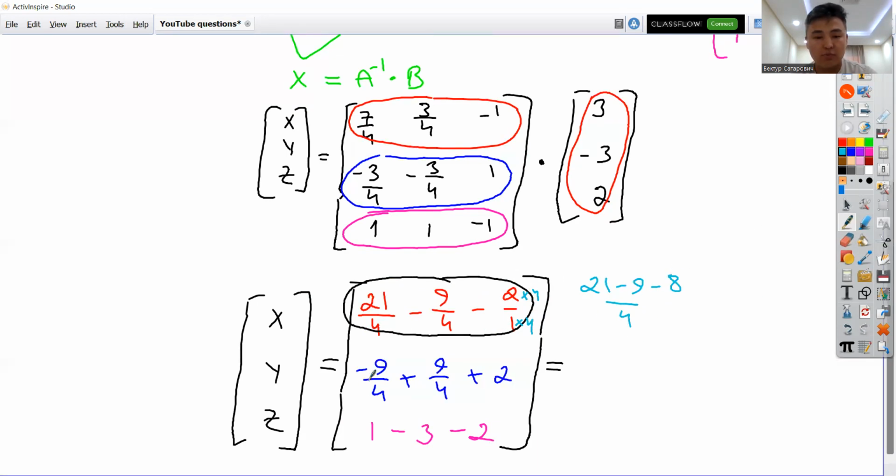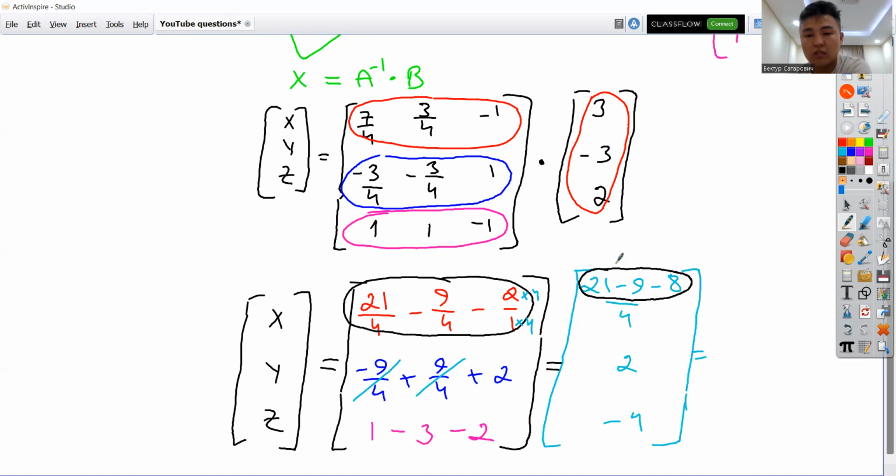Then here I have a positive and a negative of the same thing, so I can cancel them, and only 2 is left. And here 1 minus 3 is -2, and -2 minus 2 is -4. So 21 minus 9 minus 8 is 4, so it's 4 over 4, which is 1. Then I have 2, then -4.